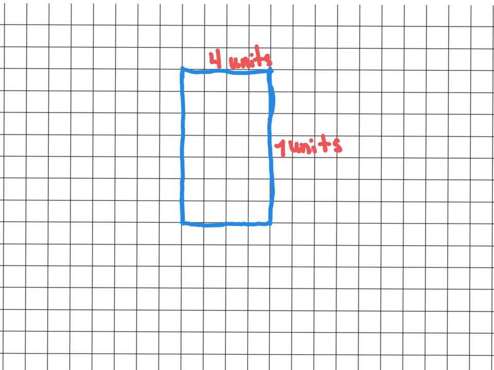And our next problem here, we have a rectangle and it's on top of a grid, and we have 4 units on the top and we have 7 units on the side there. So again, with this particular one, we can just count up the squares inside of that rectangle, and that's finding the area, the squares inside.